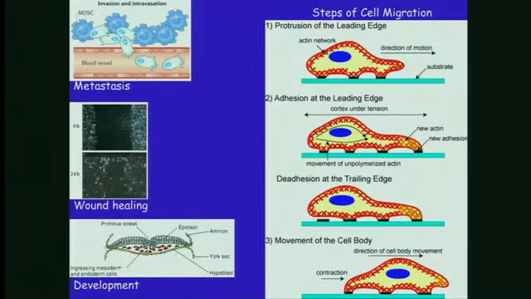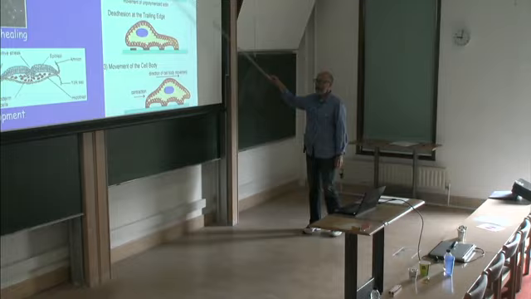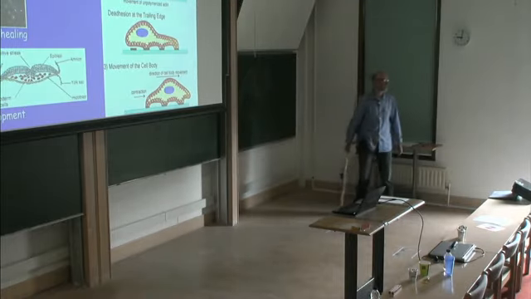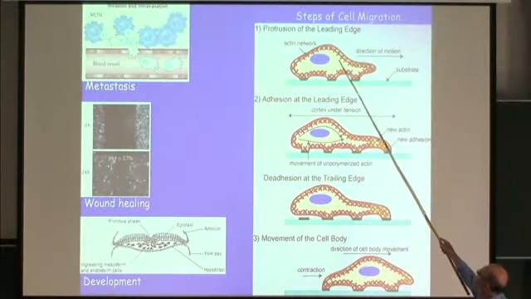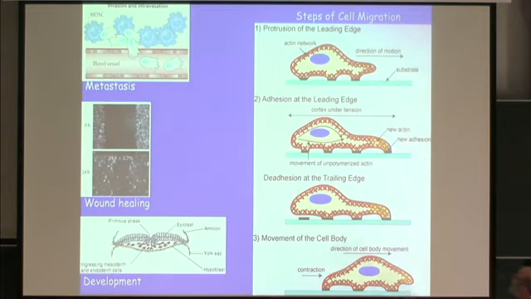So you already saw a few times this famous cartoon of how cells move on surfaces. There are basically three processes. There has to be a protrusion at the leading edge of the cell. There has to be graded adhesion at the interface between the cell and the surface it moves on, so that adhesions are firm at the front and relatively weak at the rear.